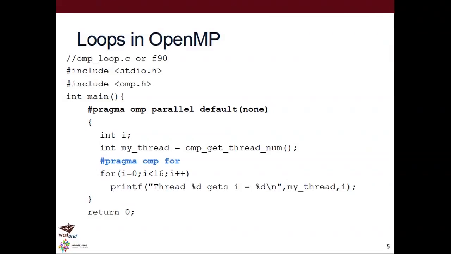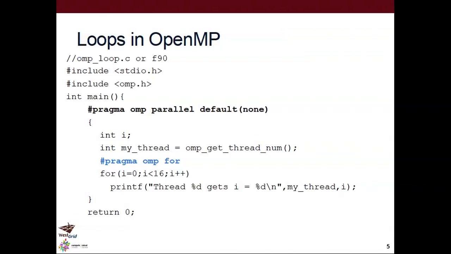So don't assume anything. And then we start declaring our variables. Any variables within that pragma parallel will be private to each thread. And then I wrote this pragma omp for, which is a directive for OpenMP, telling that the following for loop will be in parallel.